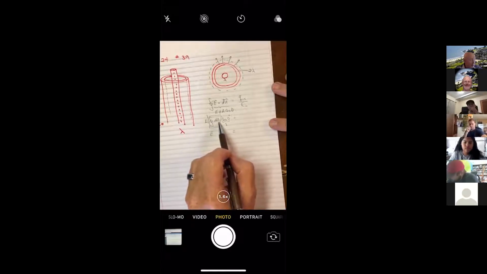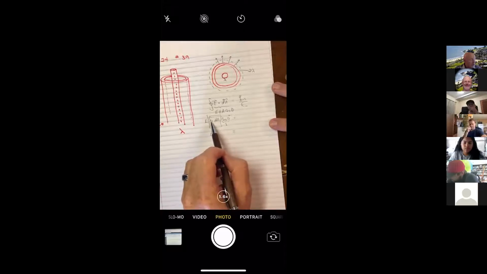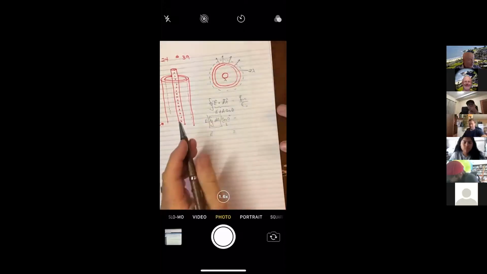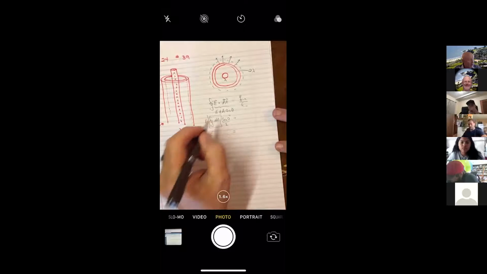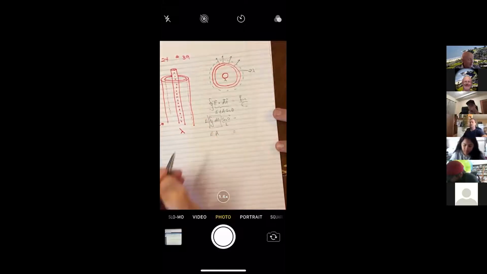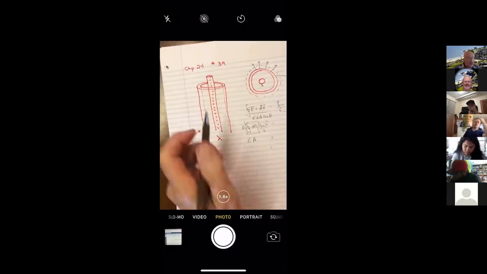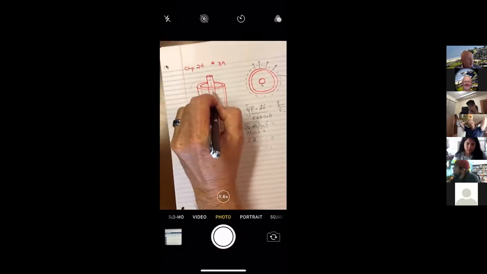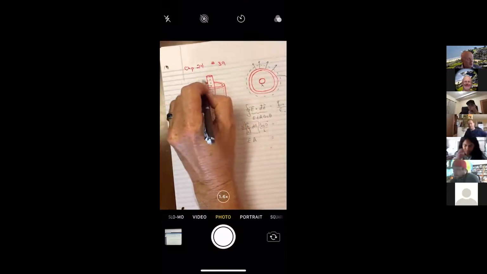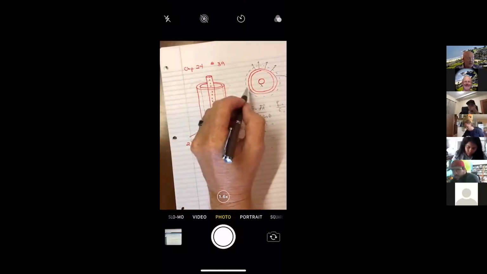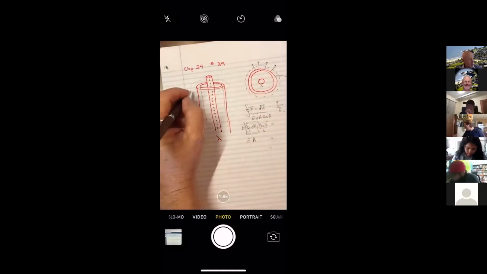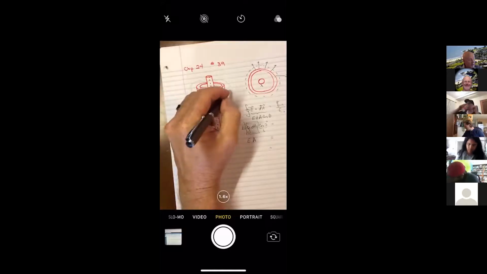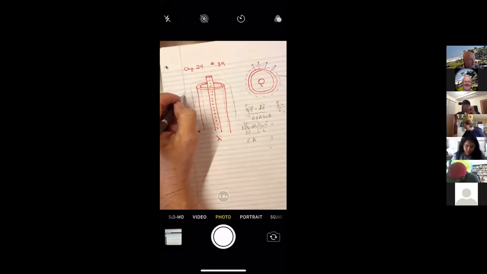When you add up a bunch of little areas, you get the whole area. So this right here is just the whole area. Now, coming back to this picture, making a Gaussian surface all the way around it, like I showed in this cross section, I would also have to make that Gaussian surface of some length.